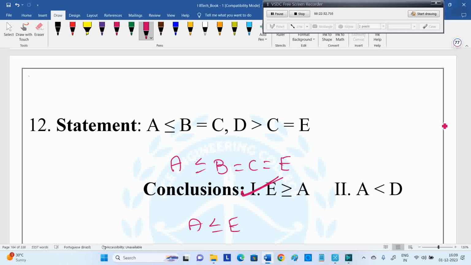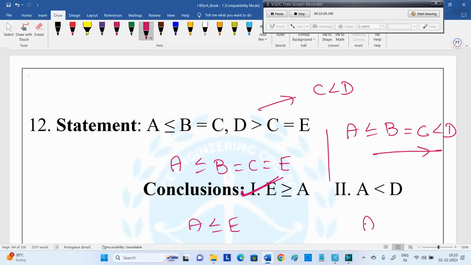What about the other one? A is either less than or equal to B, B equal to C, D greater than C can be written as C less than D. Here common symbol is less than, so A less than D also correct. See, this is the one example where I'm not bringing it into one equation. I have a possibility to get two separate equations.